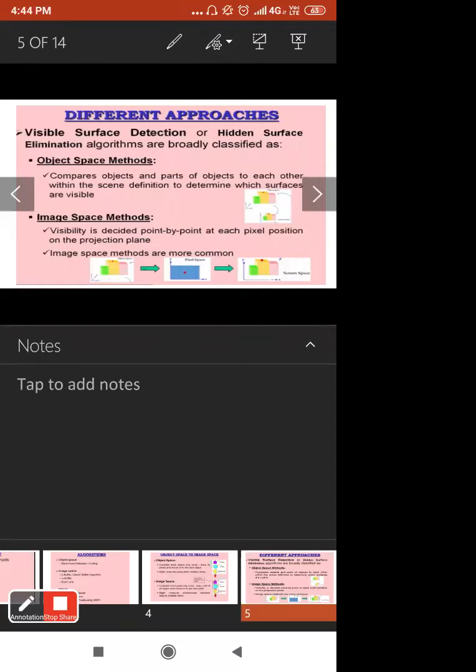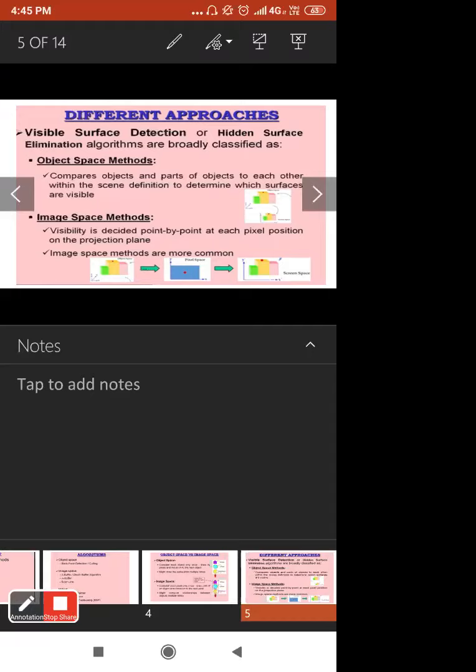So the object space method compares objects and parts of objects to each other within the scene definition to determine which surfaces are visible. Means in object space we are comparing two or more objects. And in image space, the visibility is decided point by point at each pixel position on the projection plane.